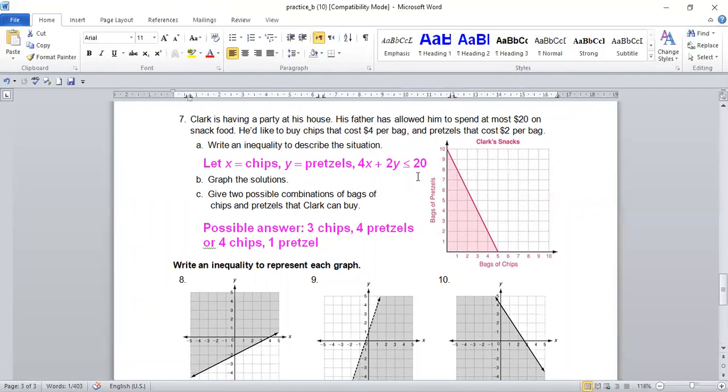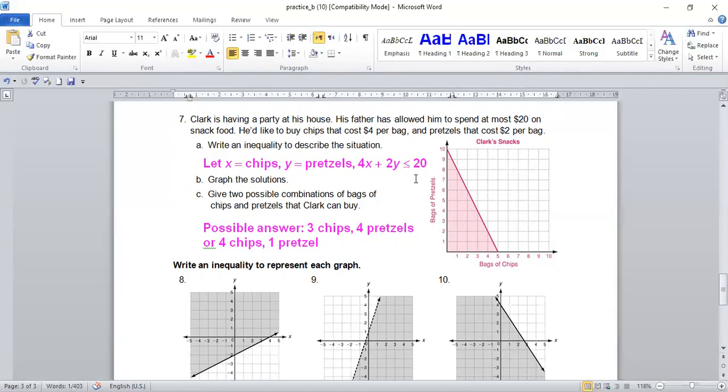You change it into the form y is equal to mx plus b. Once you change it to y is equal to mx plus b, you will be getting y is less than or equal to 2x plus 10, sorry, because you will divide both the sides by 2.